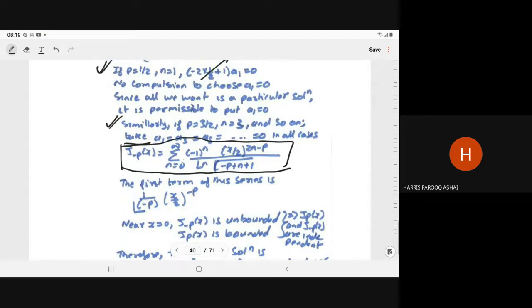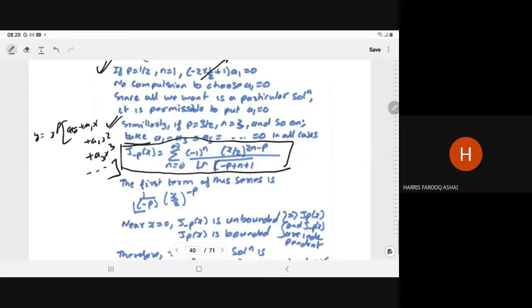Now, in this case, what will be the first term for this series? In general, what is the Frobenius series? X to power p or x to power minus p, and 1 minus, or you can say a naught plus a1x plus a2x square plus a3x cube and so on, right?